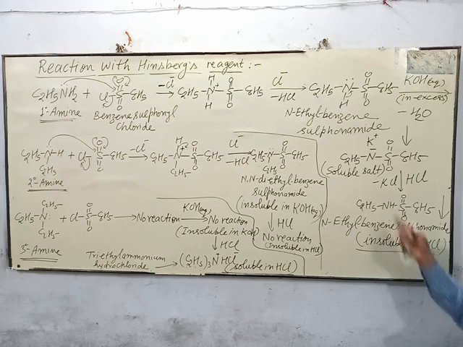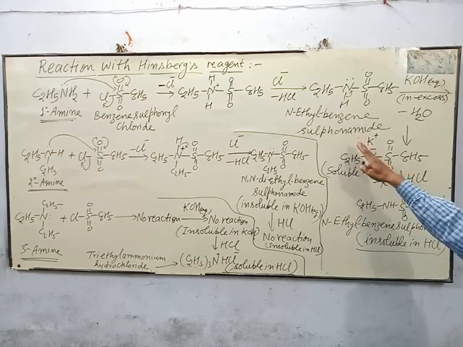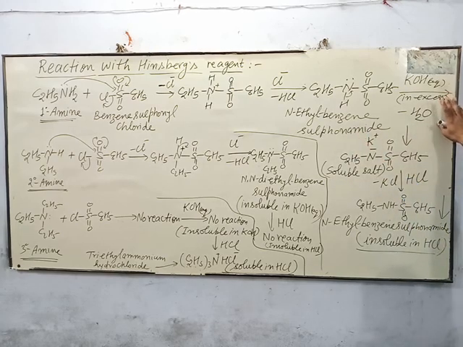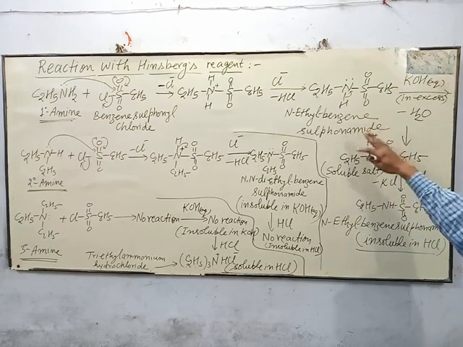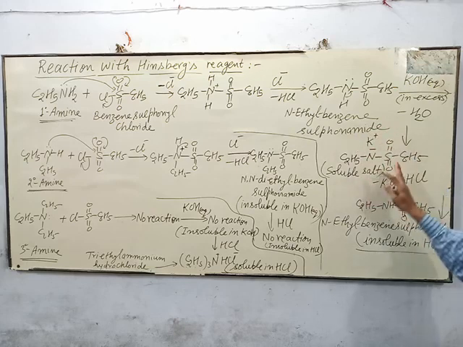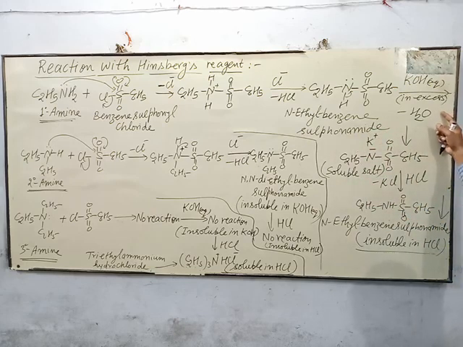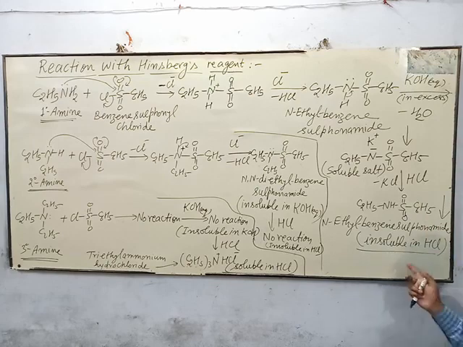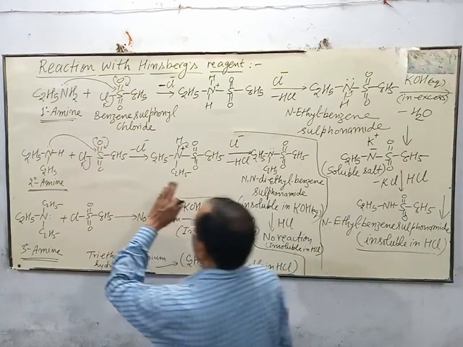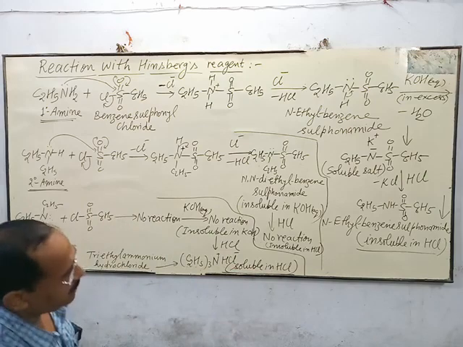It means N-ethyl benzene sulfonamide is soluble in alkali but insoluble in acid. N-alkyl benzene sulfonamide is soluble in alkali and remains insoluble in acid or HCl. This is the chemical test of primary amine with Hinsberg reagent.